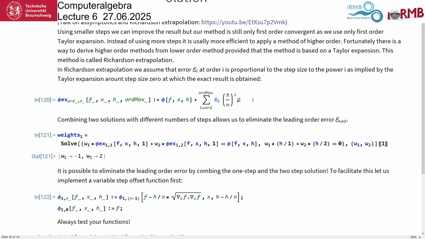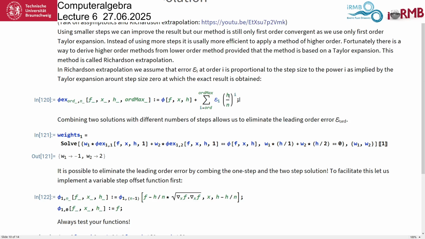Okay? So if this is the case, then you can expand the error like this. And the idea of Richardson now was, since this looks like this, what you can do is combine two solutions with different smallness parameter. Like in our case, we want to go a given distance h, but we can go there with a different number of steps.